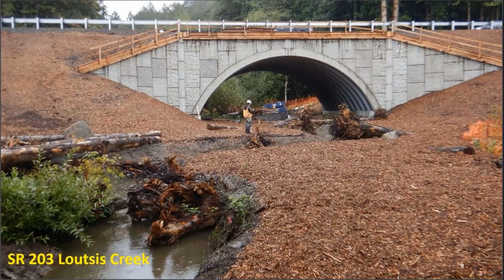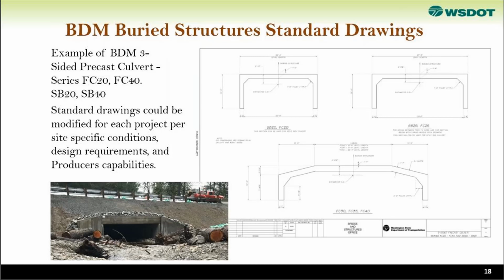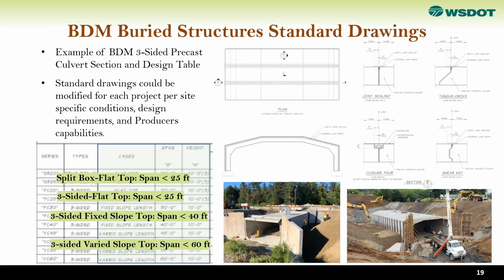The 4-sided doesn't need a foundation because it's sitting on the bedding material directly. The 3-sided needs the foundation, so that's going to be sitting on the foundation. But the 4-sided is sitting on the bedding material, as you can see in this picture.